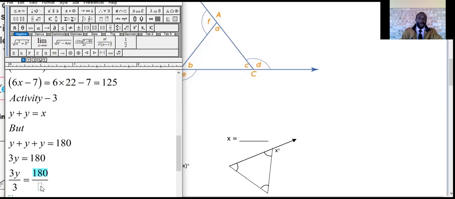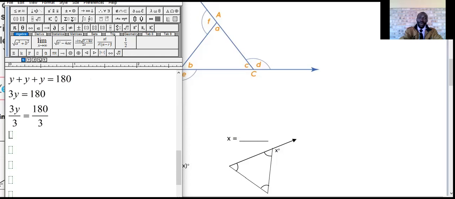That is, whatever we do on the left-hand side must also be done on the right-hand side. This way we can find the value of y. And what will it be equal to? Well, it's going to be 60 degrees. That's going to be the value of y. After finding the value of y, we go and do what is called back substitution.